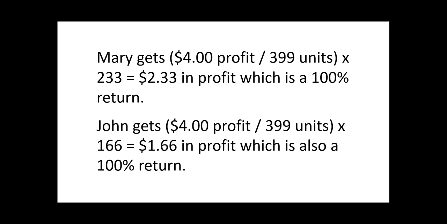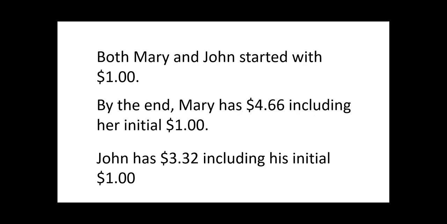So $1.66 in profit, and that's also 100% return. So both Mary and John started with $1, but by the end Mary had $4.66 including her initial dollar. John has $3.32 or 33 including his initial dollar.